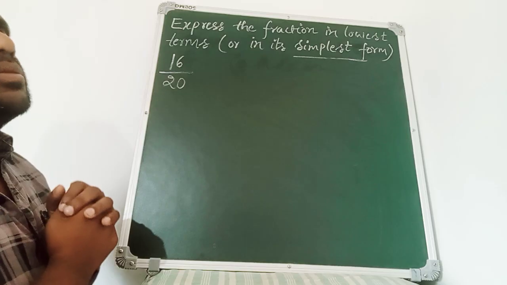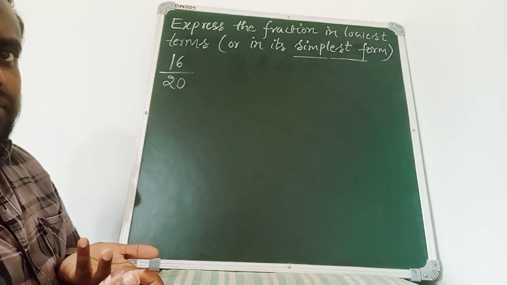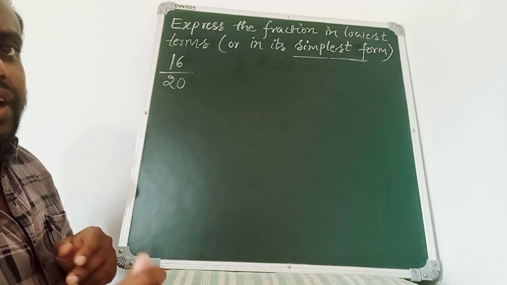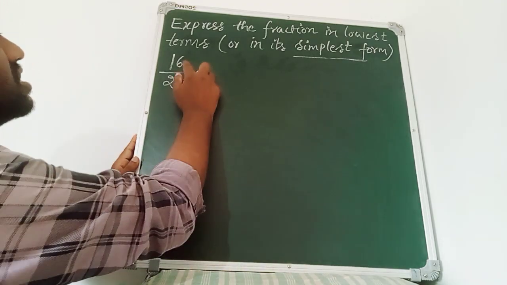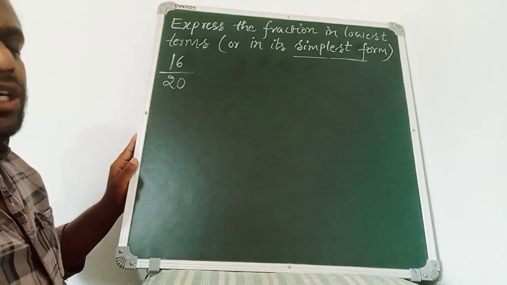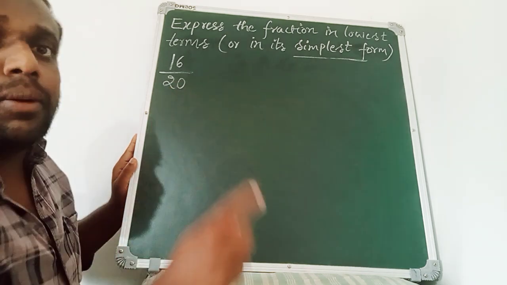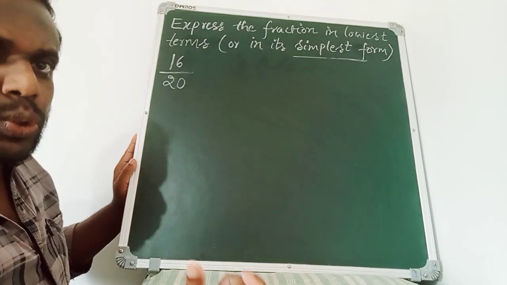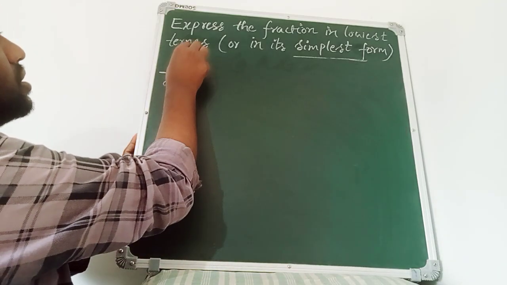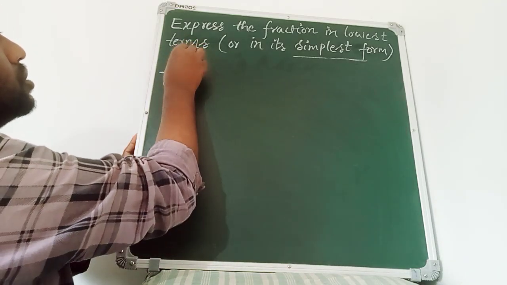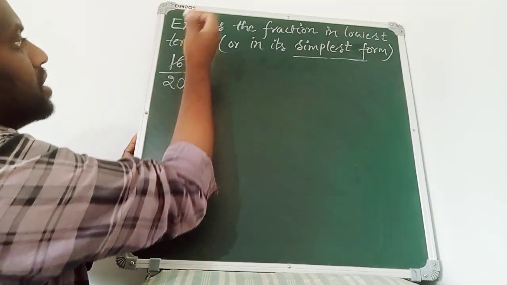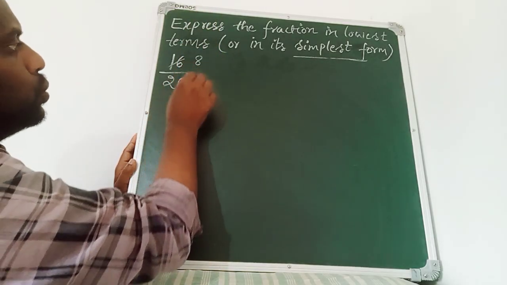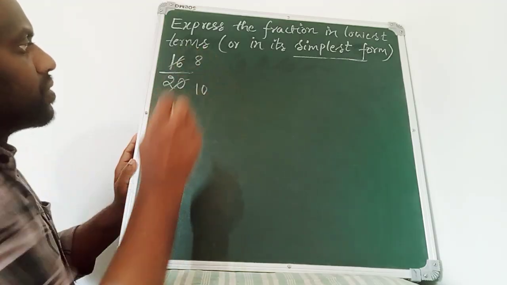Just think about any number. It is 2, right? 2 can divide 16 completely, and 2 can divide 20 completely. So I will take 2 and divide 16 first, 2 eights are 16, and again divide 20 by 2, 2 tens are 20.